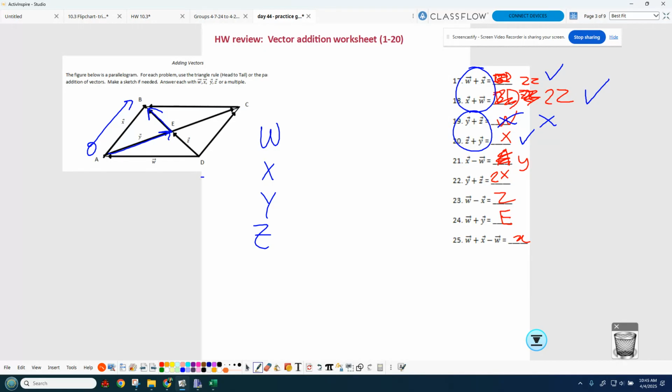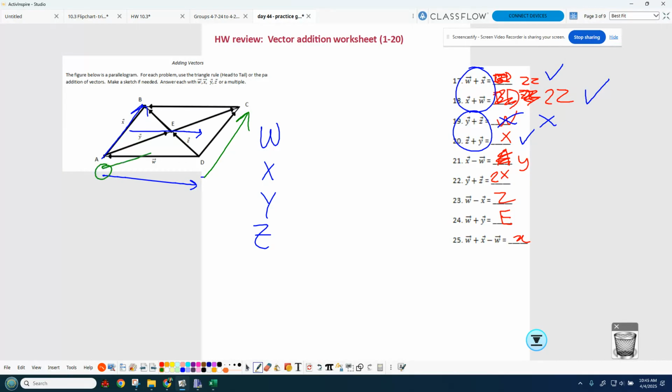All right, 21, let's check. X minus W. Here's X, but minus W is that way. Are they added correct? No, so I need to move one. Should I move the bottom to the top or the left to the right? Okay, Emery's the only one that I see making an option. He says move that one over here, I think.